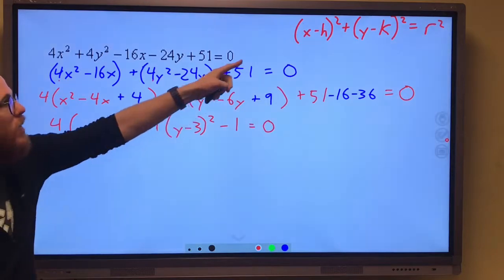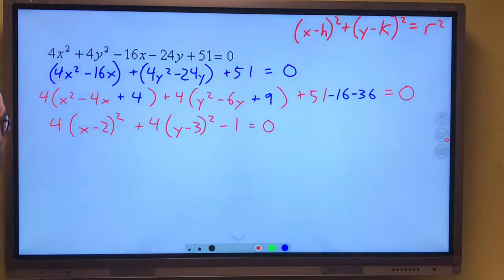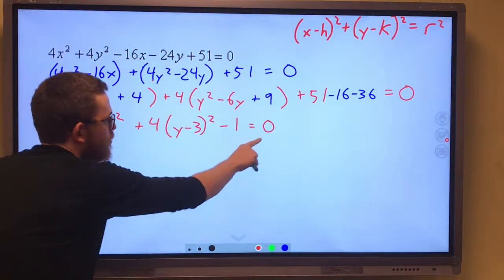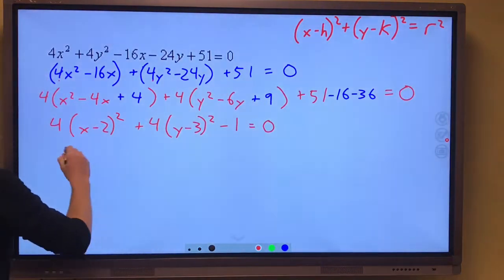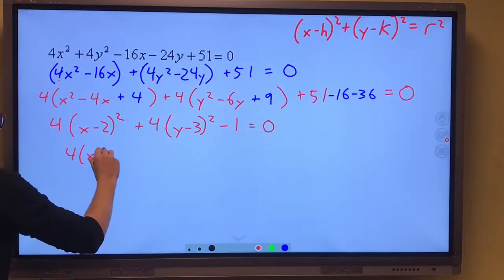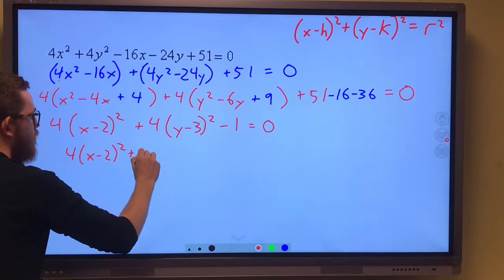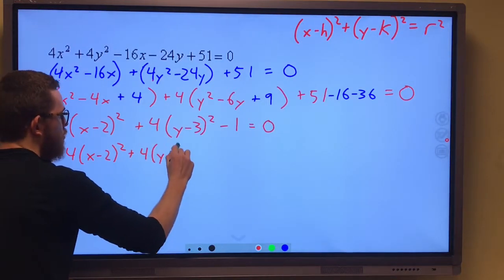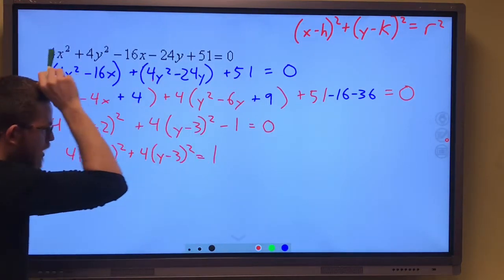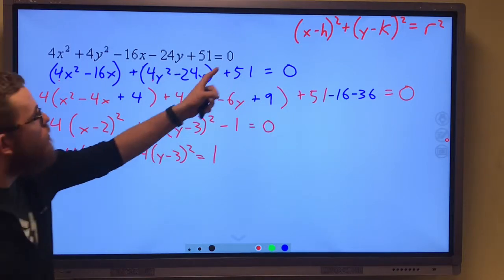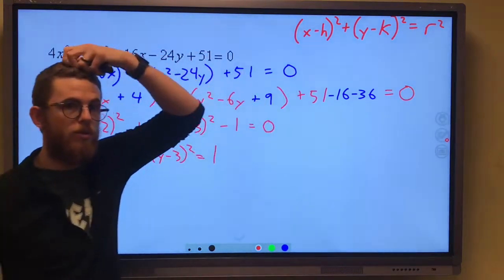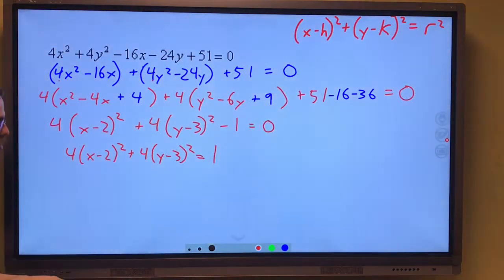Well, we need to continue making this look like that. We need something over here. I'm going to add the 1. So we have 4 times x minus 2 squared, plus 4 times y minus 3 squared, equals 1. And notice we do not have a coefficient in front here other than 1. So these 4's really shouldn't be here.